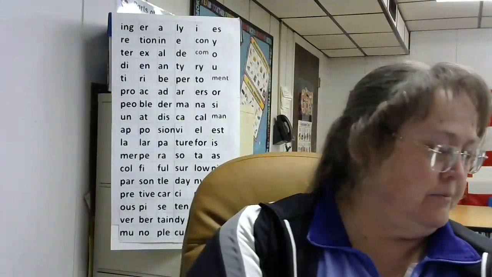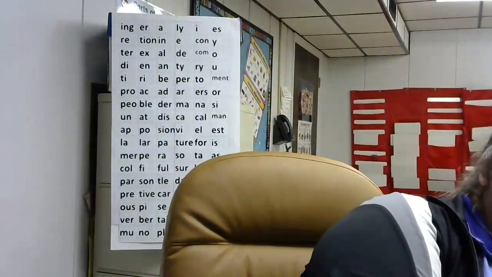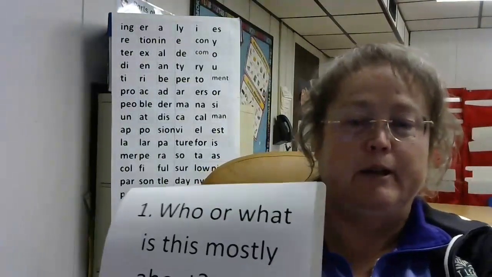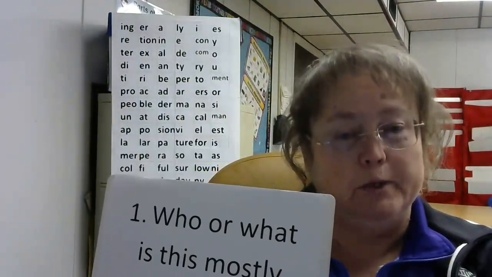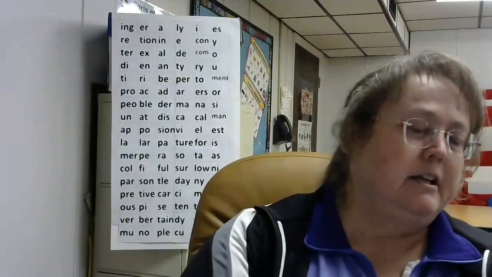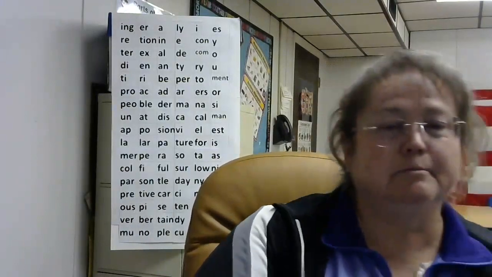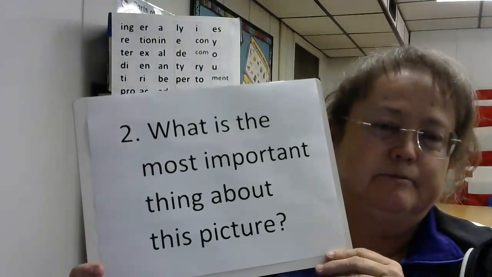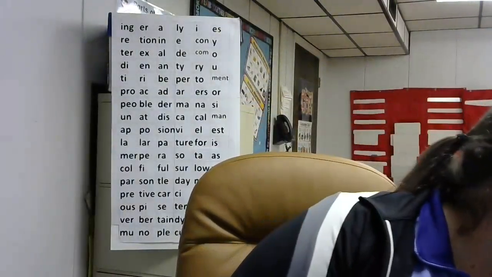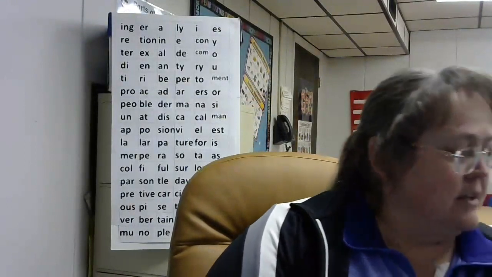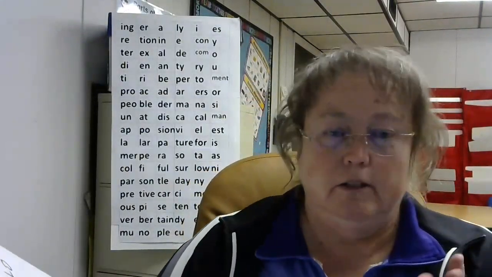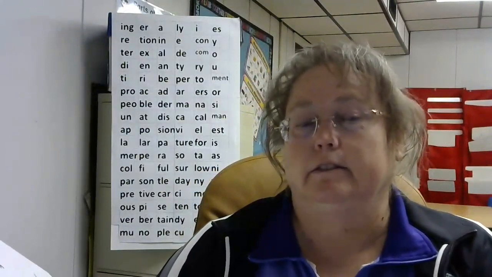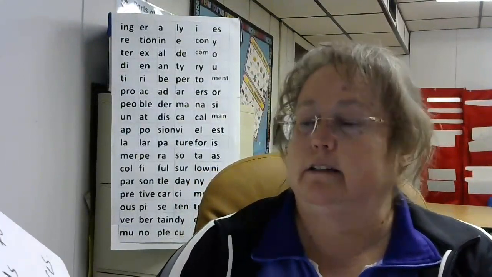Okay, so first question. Who or what is this mostly about? It's about Coors beer, right? And what is the most important thing about this picture? Okay, we could say, and you can have different words in this, what would you say is the main idea about that?